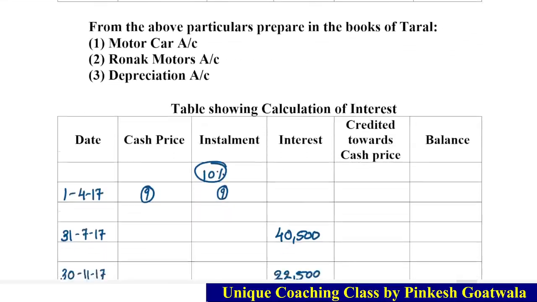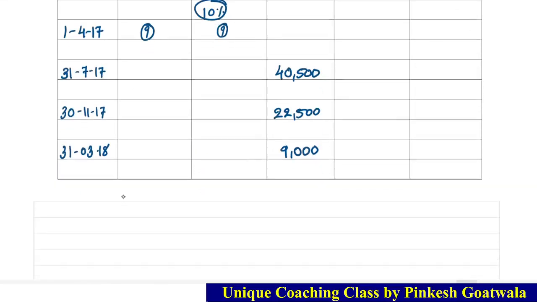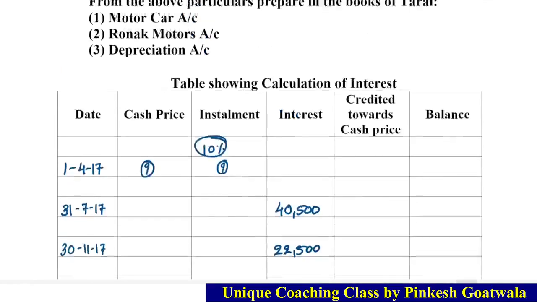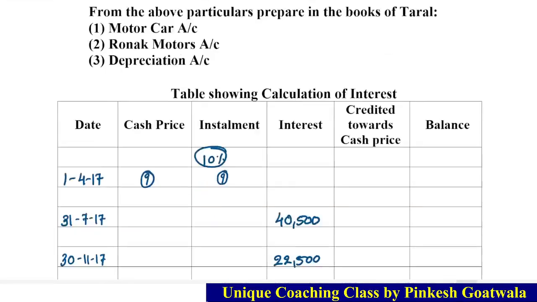Only this information is available. So debt free 20%, rate of interest 50% and 10% down payment. Now how to solve this sum?